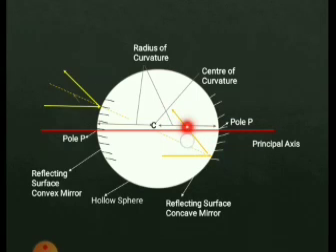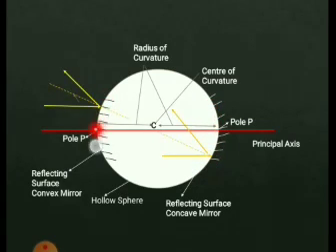That point is known as the focus, or more precisely, the principal focus. So whenever the ray of light is parallel to the principal axis, after reflection it will always pass through one certain point. That certain point is termed as the principal focus, or simply focus. Here it was in the case of a concave mirror.